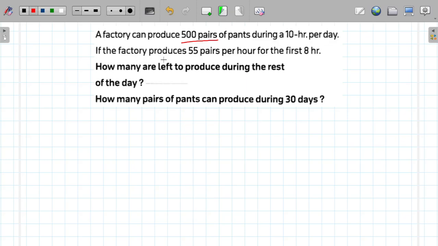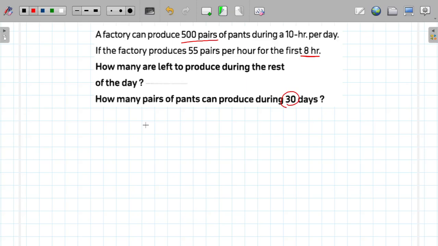If the factory produces 55 pairs per hour for the first 8 hours, how many are left to produce during the rest of the day? And how many pairs of pants can it produce during 30 days? This is a long problem, so let's focus on it very well.